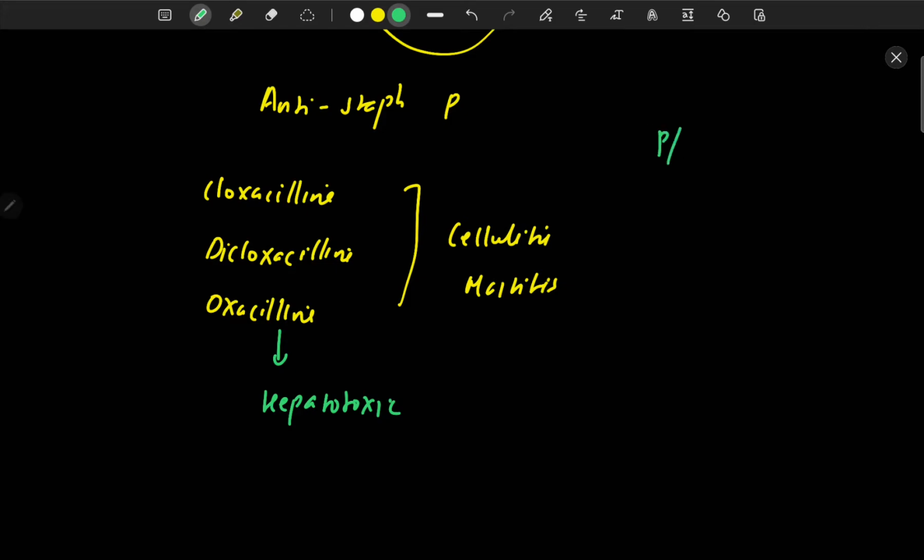Through the parenteral route we can give nafcillin, oxacillin and methicillin.